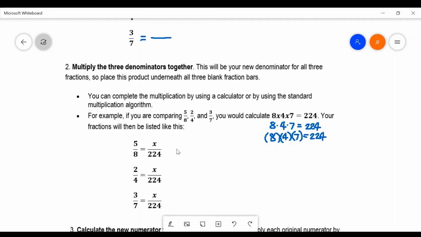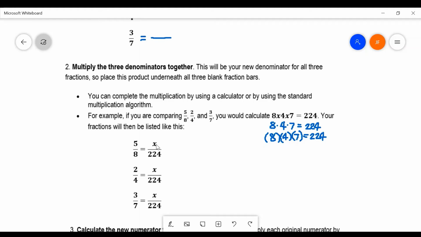Okay, let's proceed on this explanation. All of these three fractions being compared have their common denominator 224. And all the new numerators are unknown.